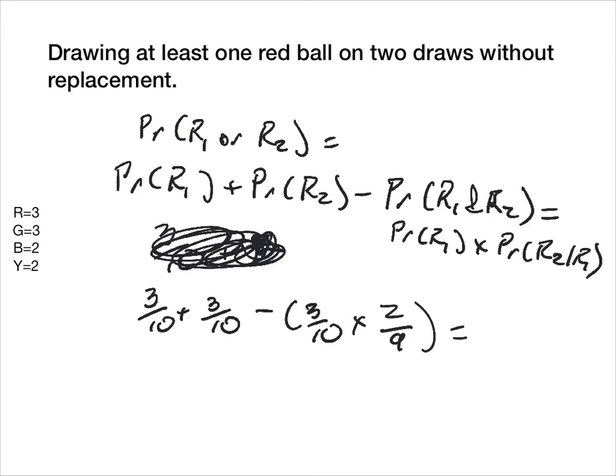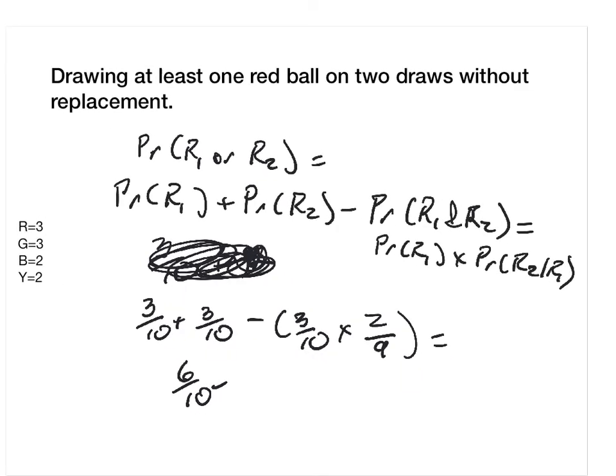And that comes out to 6 over 10 minus, this is 6 over 90. So 6 over 90 reduces down to what? 6 over 90. That's 1 over 15. Is that right?